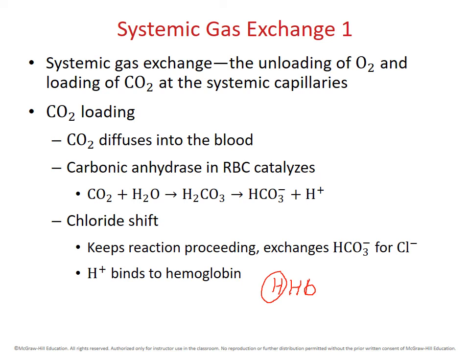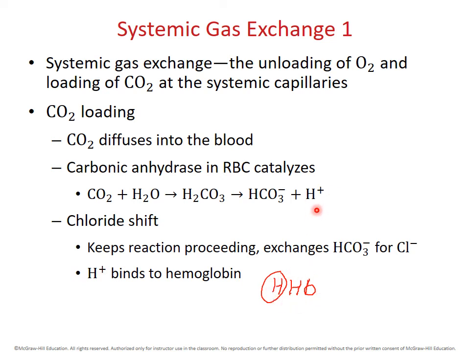So we see, again, that this hemoglobin is a marvelously designed molecule. Not only is it perfectly designed to load and unload oxygen, as we saw with the oxyhemoglobin dissociation curve, but now we see that when it's deoxyhemoglobin, it can function as a buffer that can bind to hydrogen ions and become HHB.